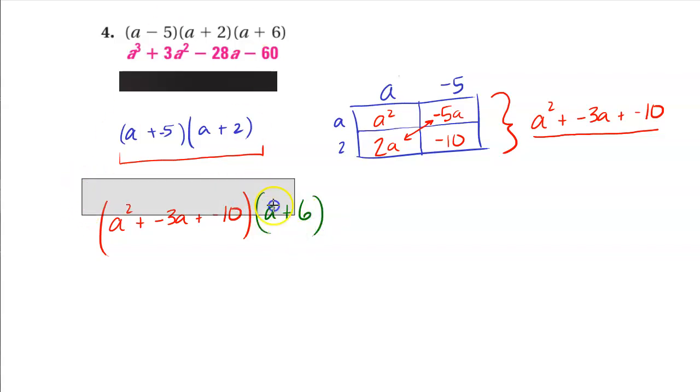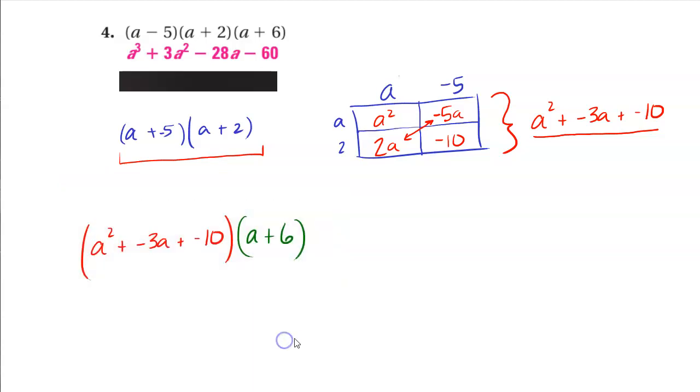And just again to show you the box model, I could do the same exact thing. I could make a box. In this case, the first parentheses has 3 terms in it, so I'm going to make it a little bit longer. And the second parentheses has 2, so I'm just going to draw my box like this. And I'm going to write the terms on the sides here.